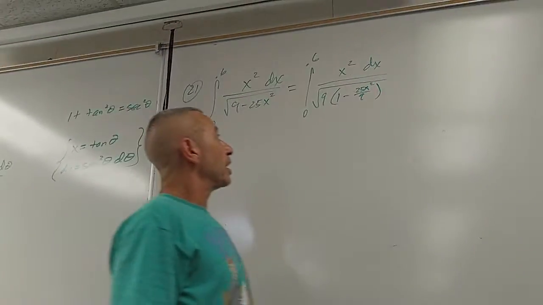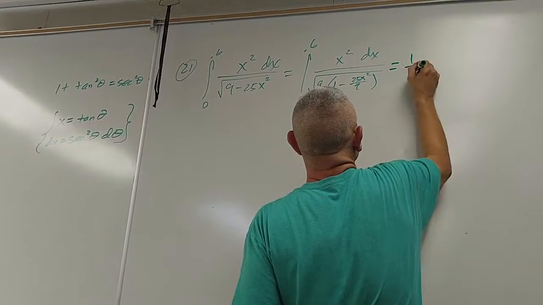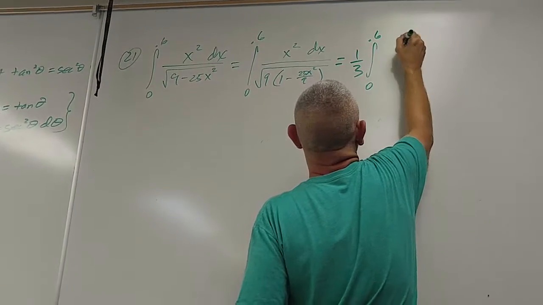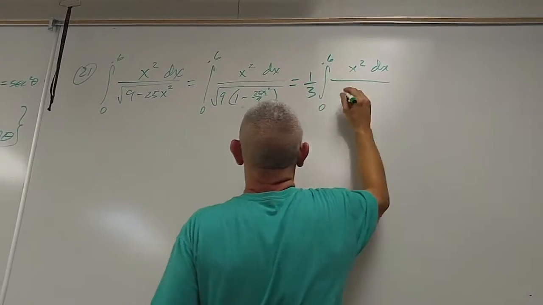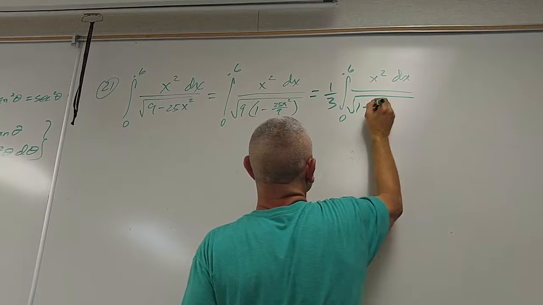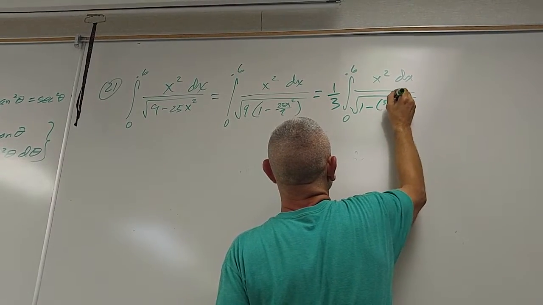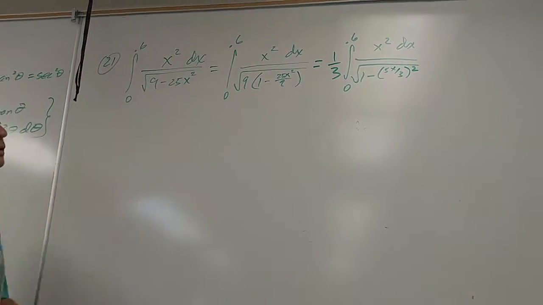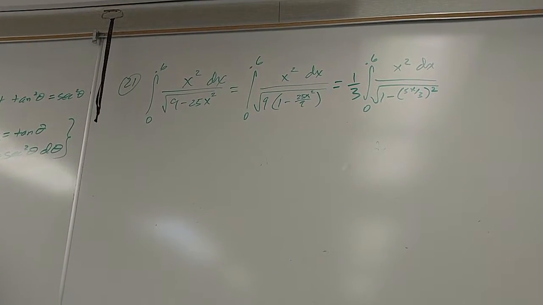And of course, the 9 comes out as a 1/3, right? 3 in the denominator, 0 to 0.6, x squared dx. And maybe we will rewrite that 25x squared over 9 as 5x over 3, quantity squared.